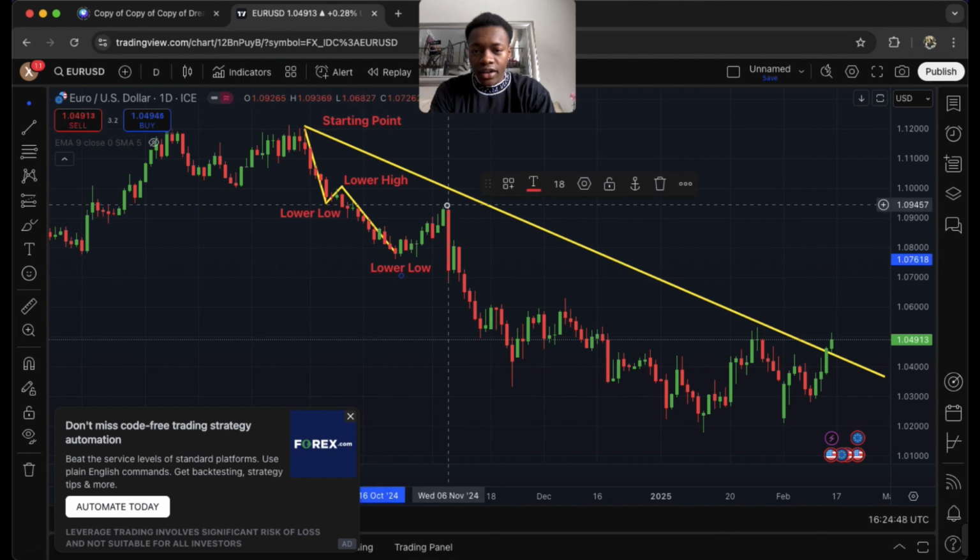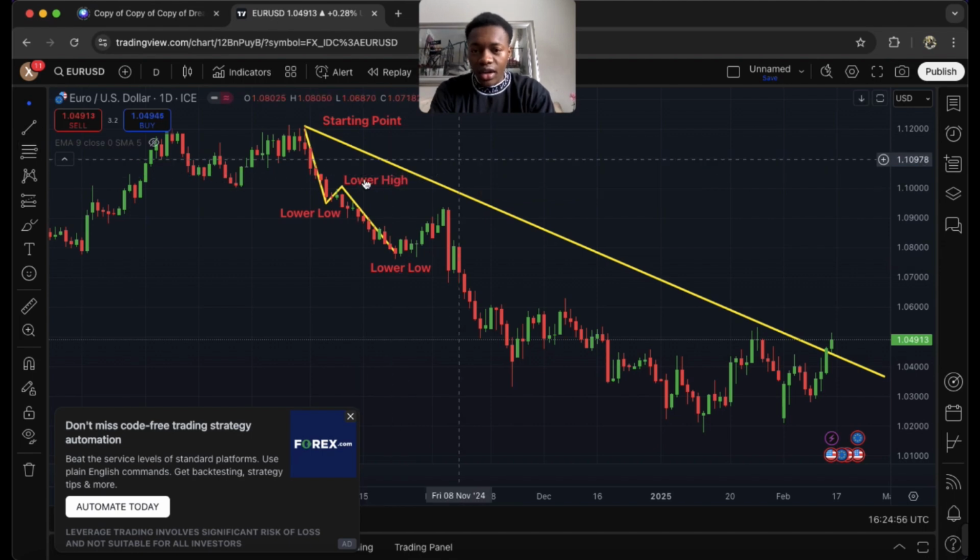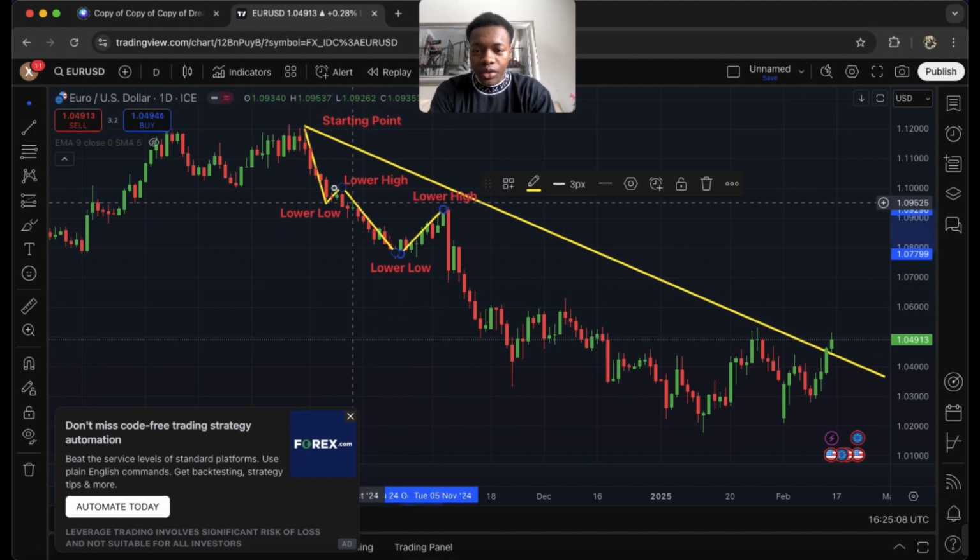And then right here, it came up and it created a lower high. This high is right below this one. So we have another lower high. Boom. So we see that that one is lower.